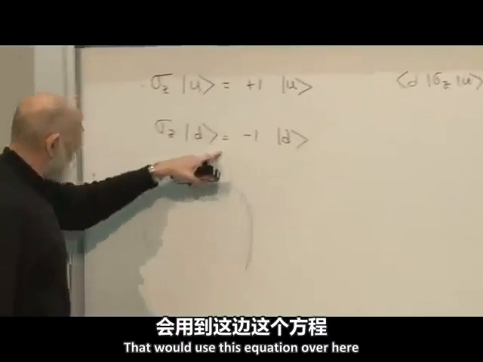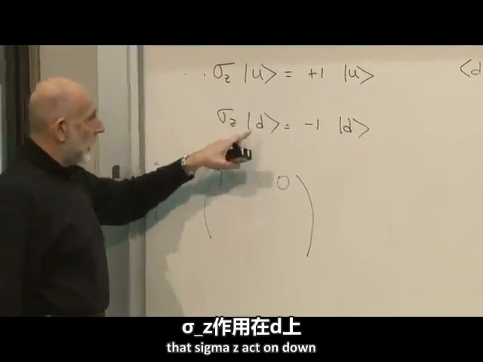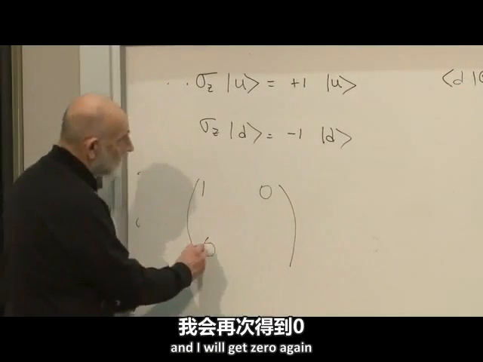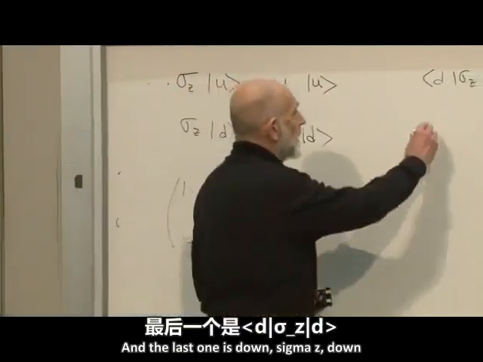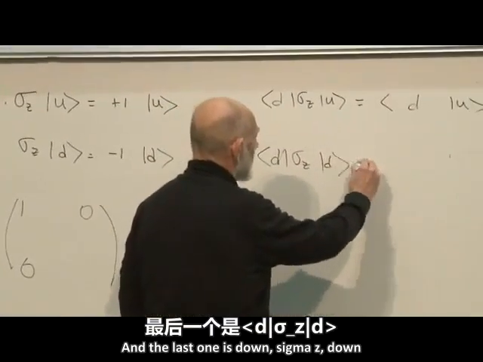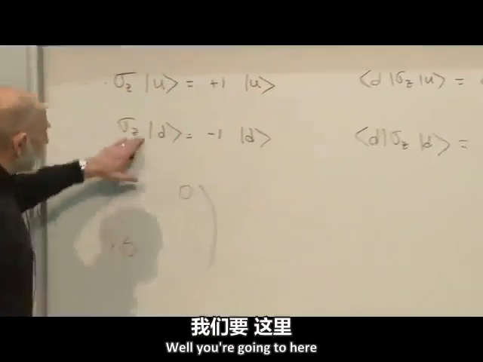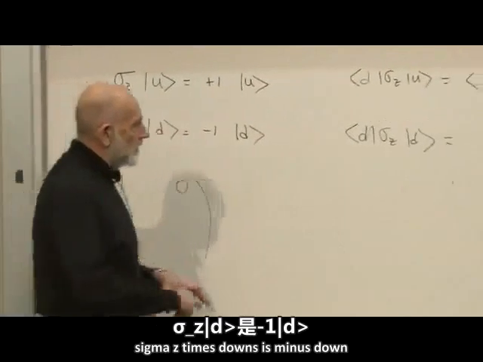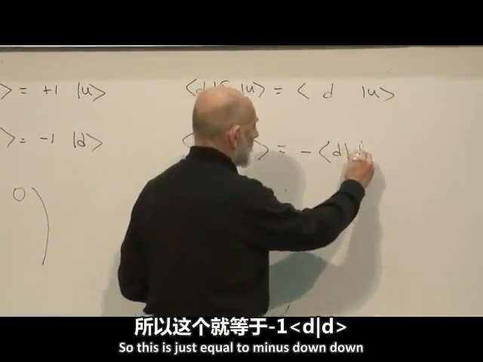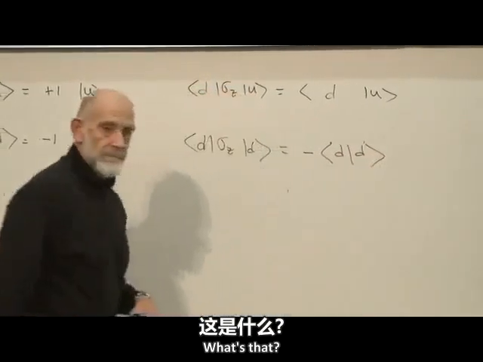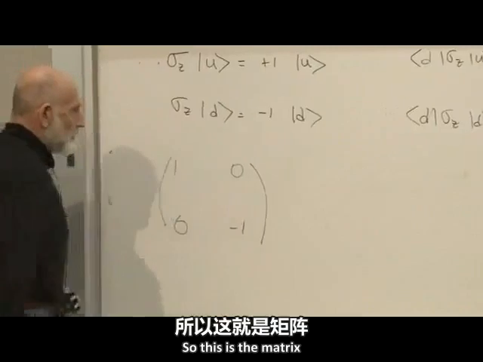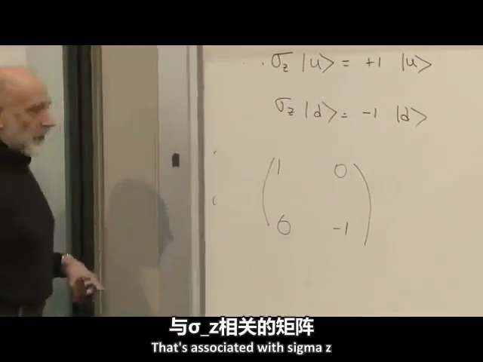I would use this equation, let sigma z act on down, and then take its overlap with up, and I would get 0 again. And the last one is down, sigma z, down. What is that? Sigma z times down is minus down. So this is just equal to minus down-down, and what's that? Minus 1. So this is the matrix that's associated with sigma z.